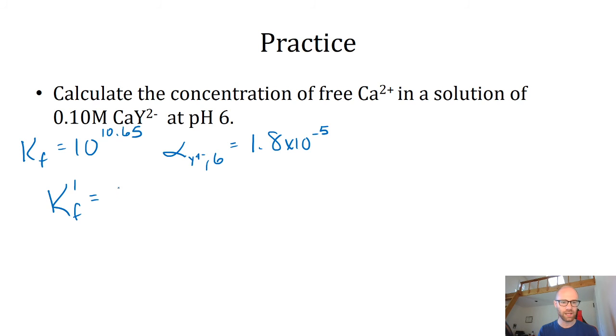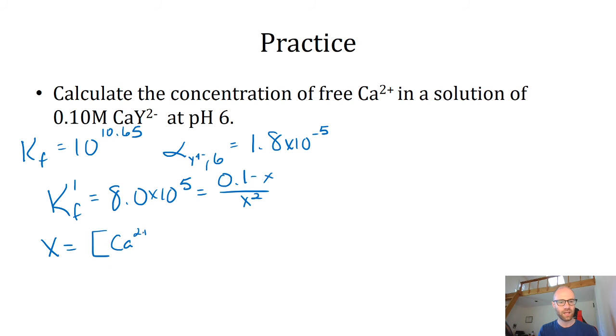Multiplying them together, we get 8.0 times 10 to the 5th, and that's equal to 0.1 minus x over x squared. X equals free calcium, and when you go through and solve that, you should get 3.5 times 10 to the negative fourth molar. So this is at a pH of 6.